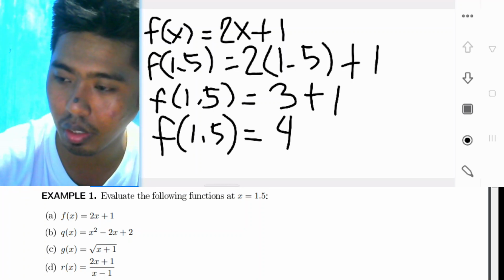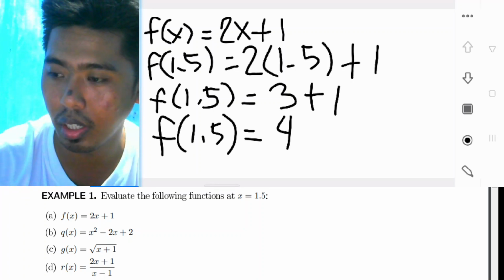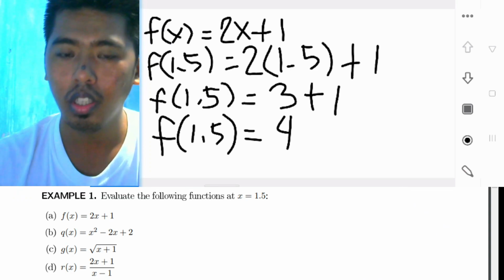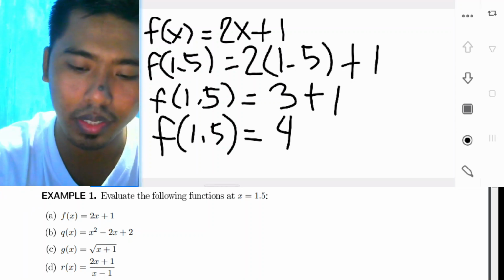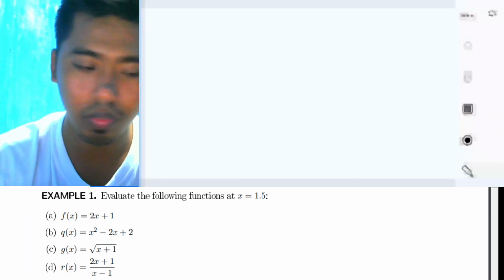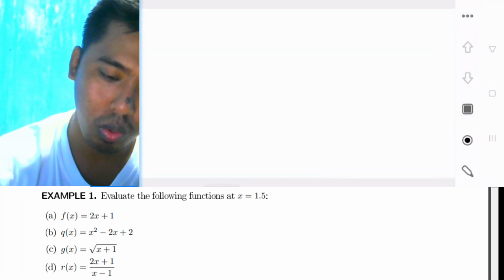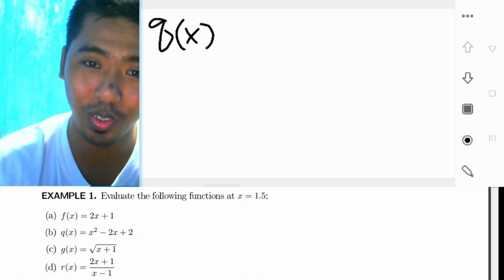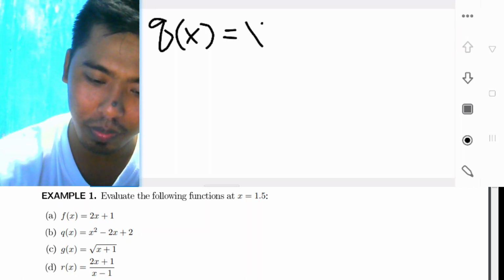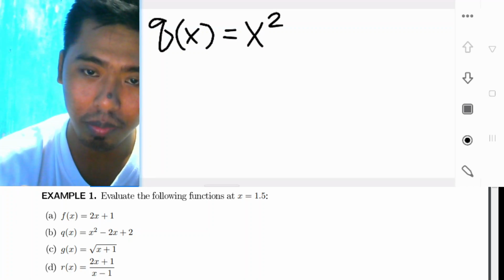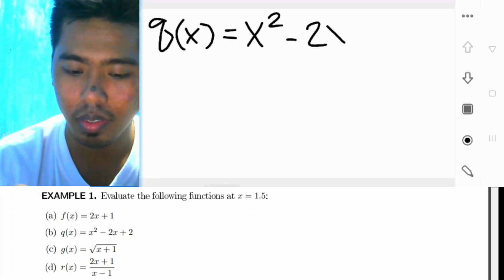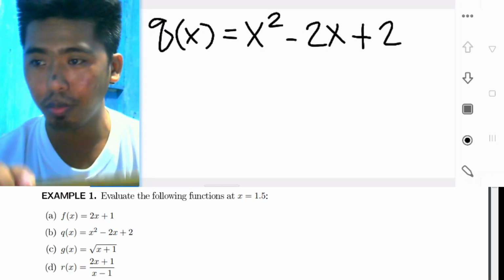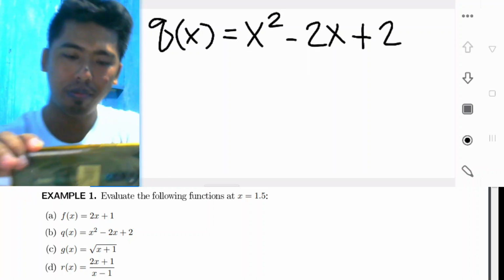Okay, so let's continue. Letter B, we have q of x. Let me clear this one first. So q of x is equal to x squared minus 2x plus 2. Next, what we will do is substitute 1.5.